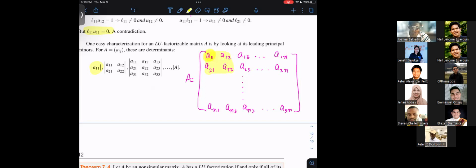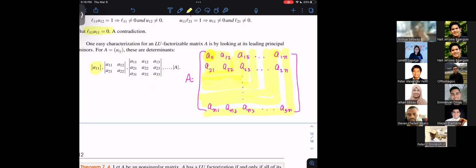So you compute the determinant of A11, A12, A21, A22. That's the second minor. The third minor is the 3 by 3 matrix starting from the upper left-hand corner. So that's the determinant of this 3 by 3 matrix. You compute it, and then you continue the process. So you're just increasing it one column and one row at a time until you get the entire matrix.